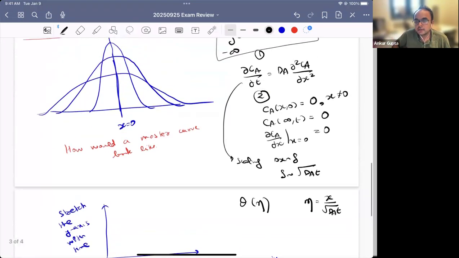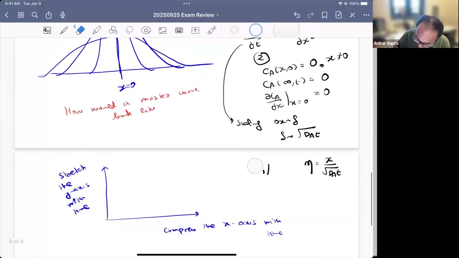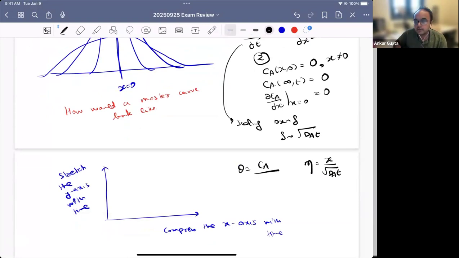Now for theta, I need a concentration. Theta is equal to CA divided by something in the denominator, but the denominator has to decrease with time so that I can stretch it out. Like the denominator of eta was increasing with time, this has to decrease with time.